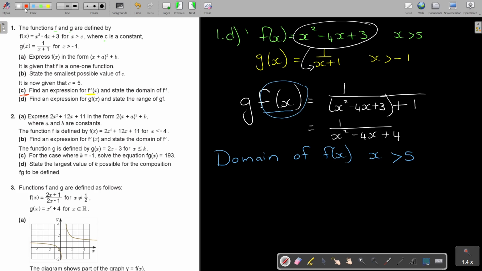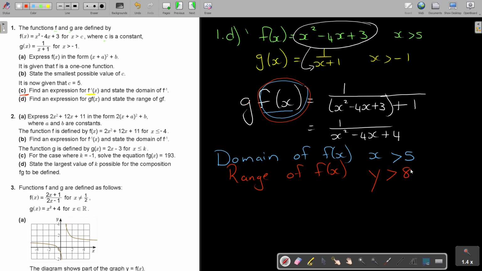But what is the range now? Because the range is going to be the input. So the range of f(x) is going to be, and remember that was y, we did it in the previous one, bigger than 8.